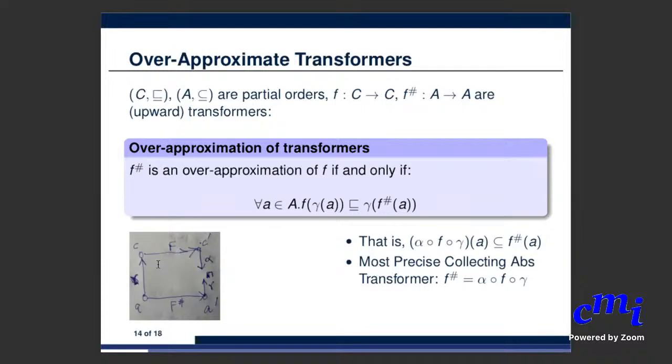So what it is saying is, how do I define F hash? That's the criterion. Given an abstract element, F hash maps that to an abstract element. If it's an interval domain and I'm doing a plus, I'm giving something which manipulates those lower and upper bounds.